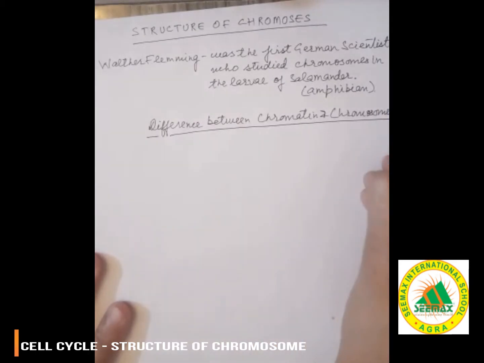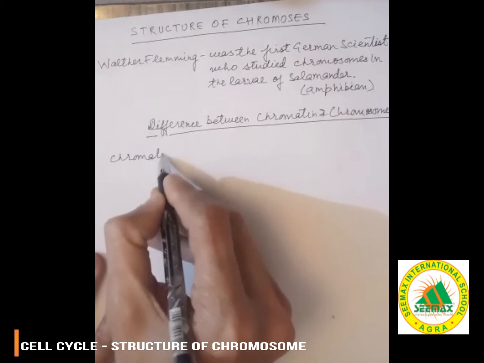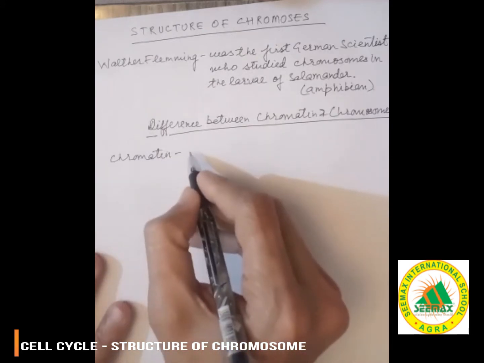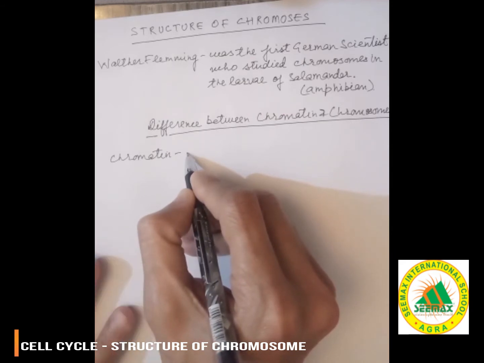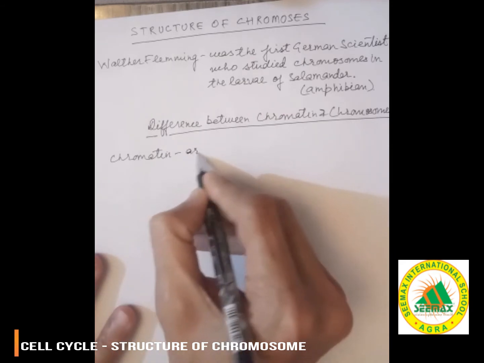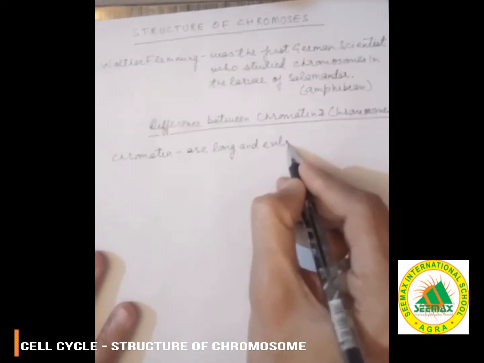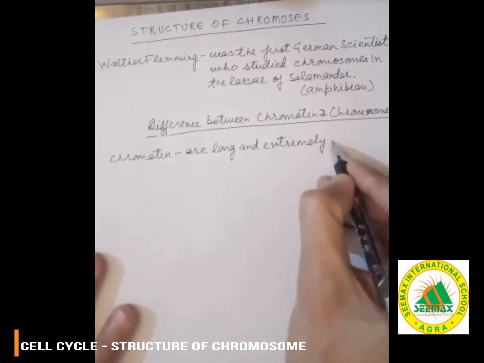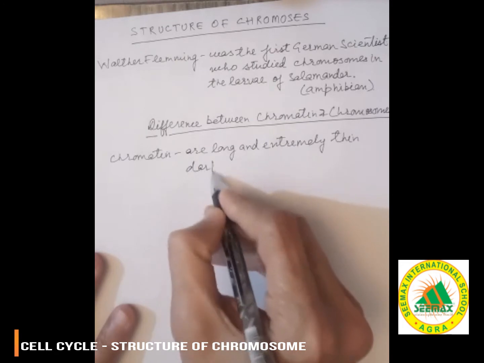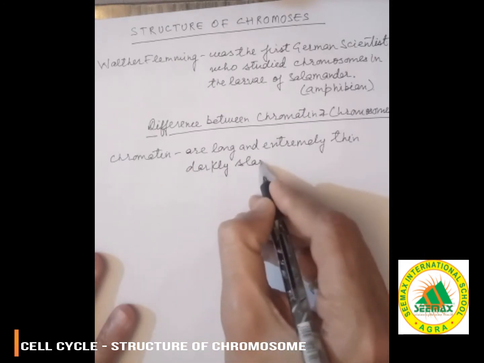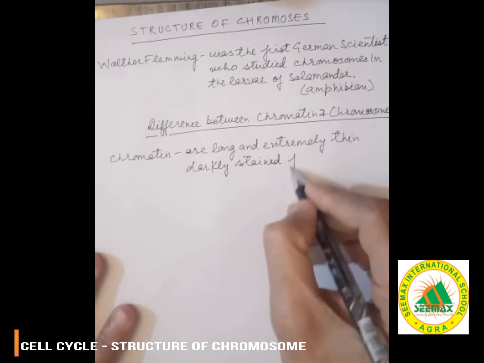Chromatin is actually a long and extremely thin, darkly stained fibers. Stained means darkly colored fibers.